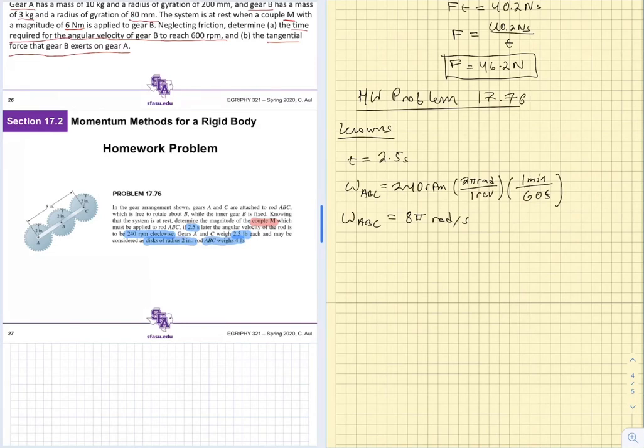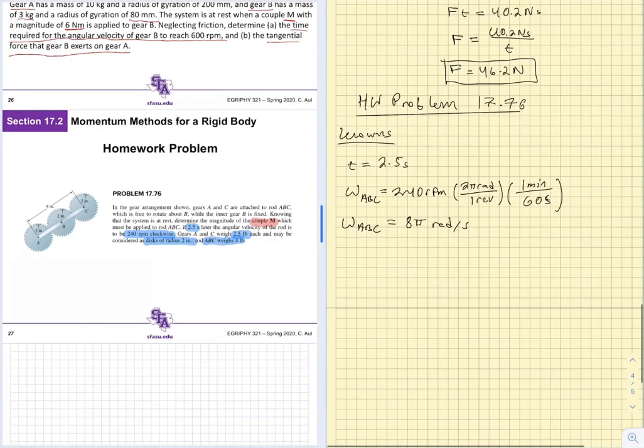So 2 times 240 is 480, and 480 divided by 60 is 8. So we can say that omega ABC in this case is 8 pi radians per second. The reason we're leaving this general is because that's what it spins up to.